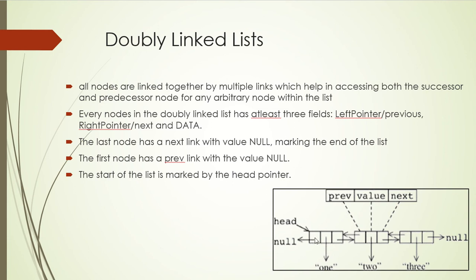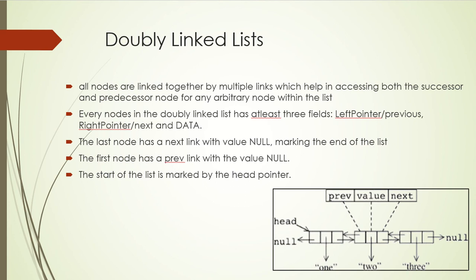Then this is the null pointer, which indicates the previous node link value of the first node, so as usual it should be null. Similarly, this is the next pointer field of the last node, which is also set to null. All the other links have the address of the corresponding previous or next nodes. So this is a sample of a doubly linked list.